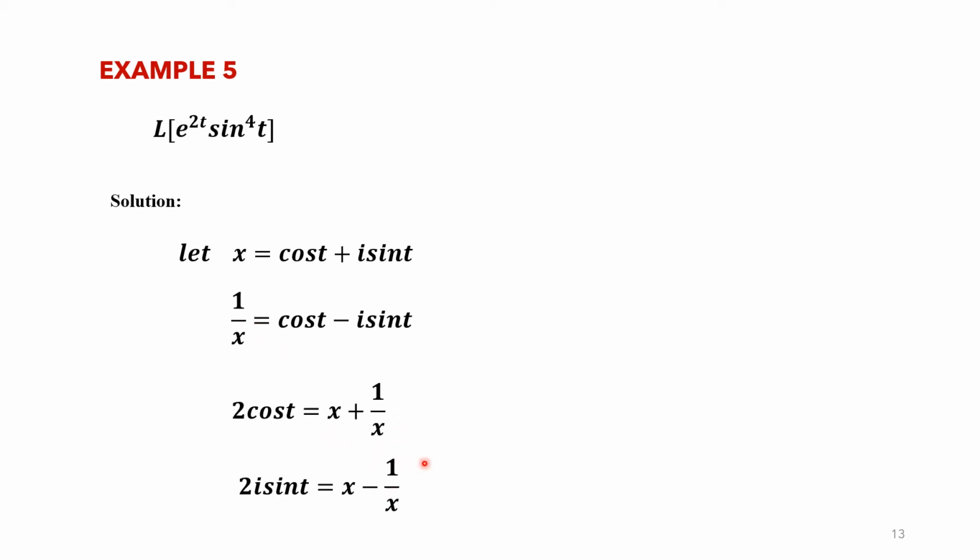Okay. Now when x is cos t plus i sin t, x raised to n will become, from De Moivre's theorem, cos theta plus i sin theta whole raised to n is cos n theta plus i sin n theta. So if x is cos t plus i sin t, x raised to n will become cos nt plus i sin nt.